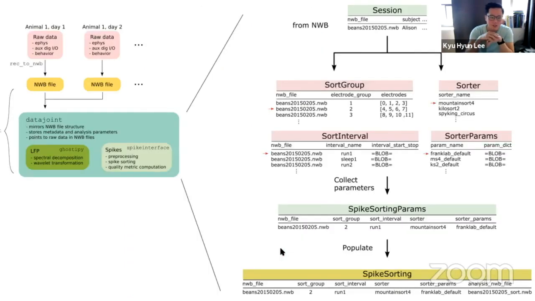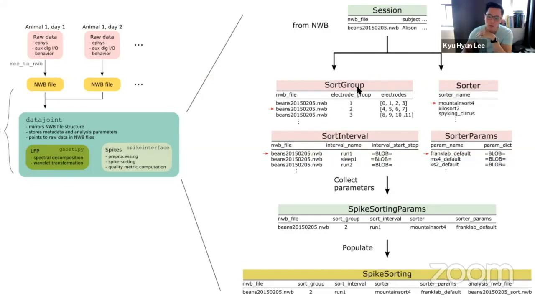And this is more of an in-depth view at the spike sorting part of our DataJoint architecture. So we have a table called Session, which contains an entry where each entry corresponds to an NWB file. And from the NWB file, we automatically populate some of the downstream tables.